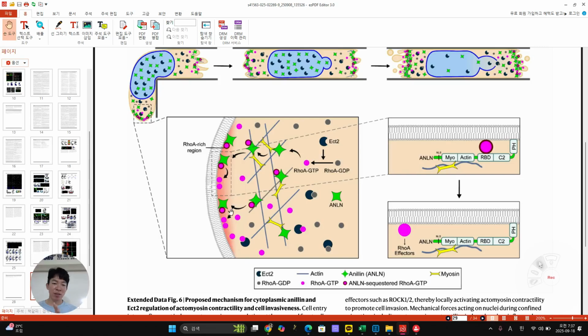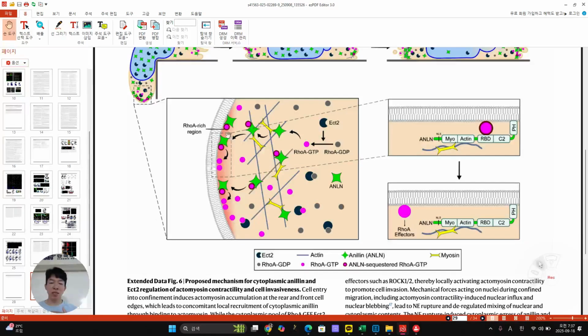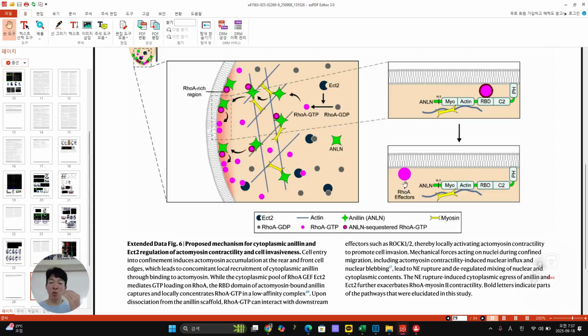So this bound RhoA GTP is released, and then they are activating myosin 2. When they highlight this area, anillin as a sponge, actin, myosin, RhoA binding domain, they're here. And when this RhoA GTP is released like this, and the RhoA is binding with the RhoA effector, then they are generating myosin 2 activity.